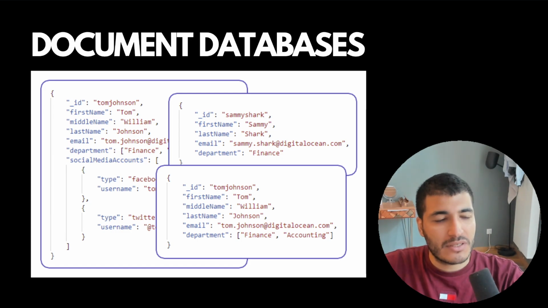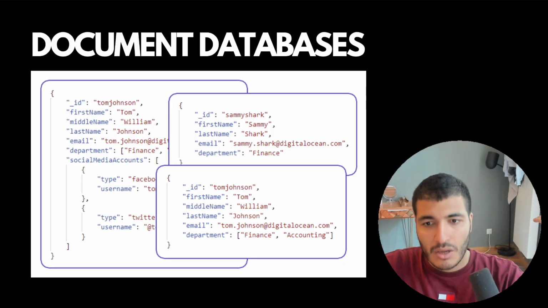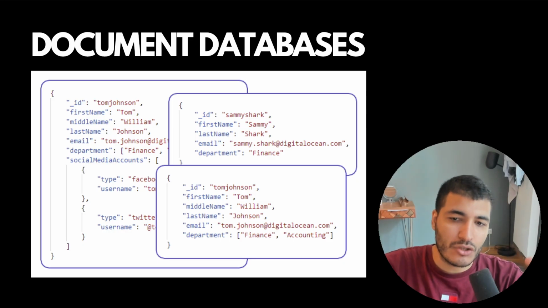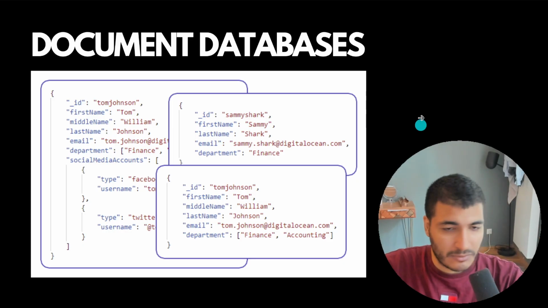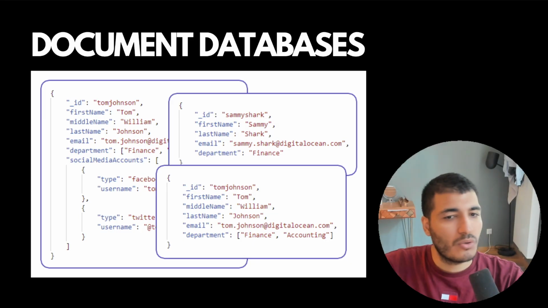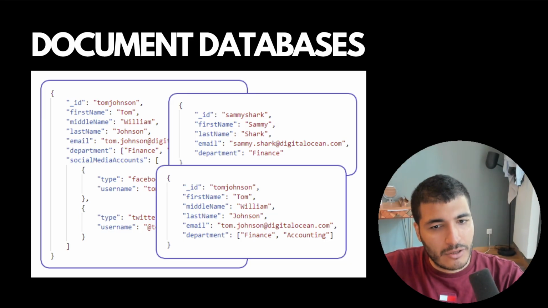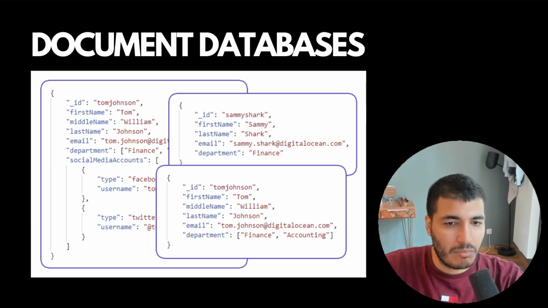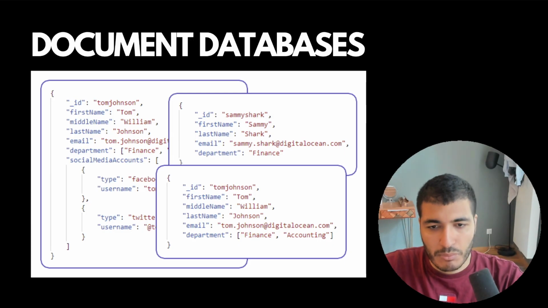You can use them in content management systems, ideal for managing articles, user profiles with custom fields, and comments where each piece of content can be stored as a self-contained document. You can use them also in real-time analytics and IoT, handling the varied and often unpredictable data structures generated by IoT devices and supporting real-time analysis on this diverse data.